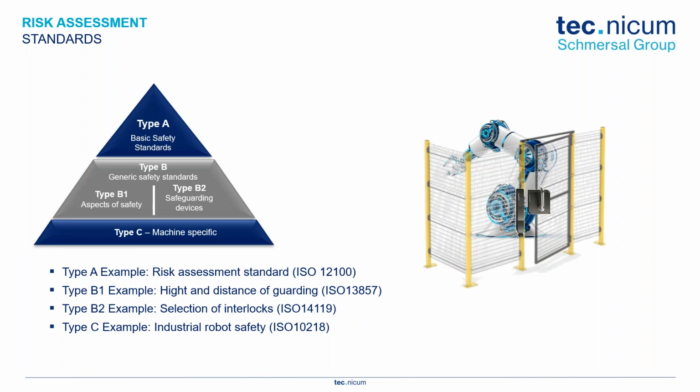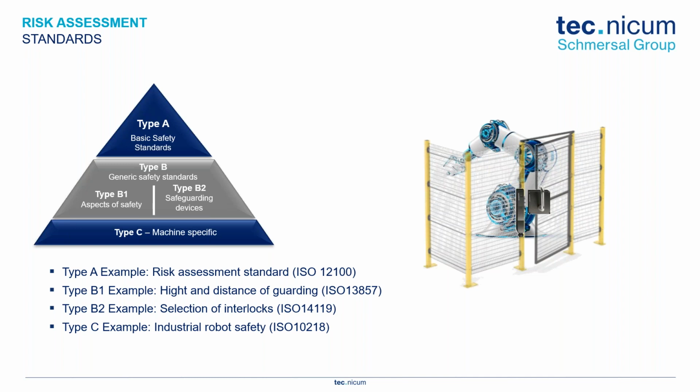Now, the reason that I go through these examples and list out type A, B1, B2, and C is to let you know that there may be a type C standard for the machine that you're looking at, the one that you're trying to assess. Maybe there's a type C standard. And we can use that type C standard because it's going to give us the basic guidance to address the hazards that have been identified.